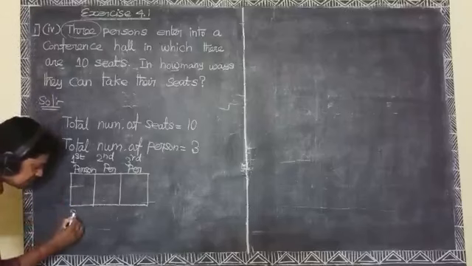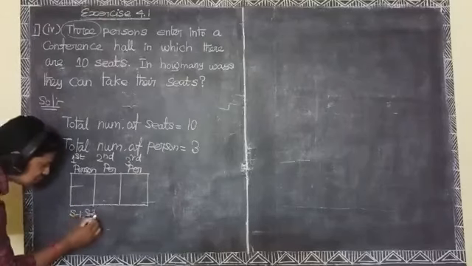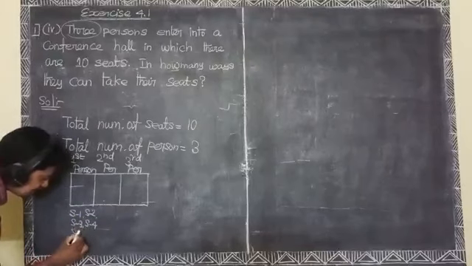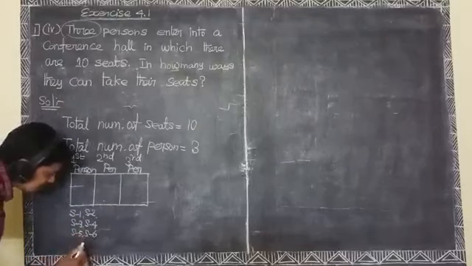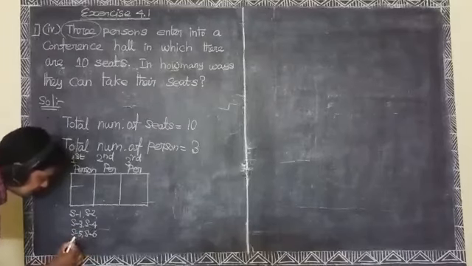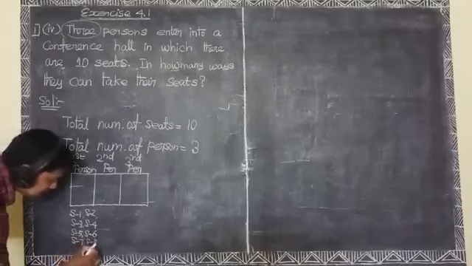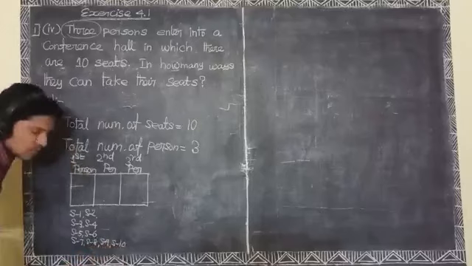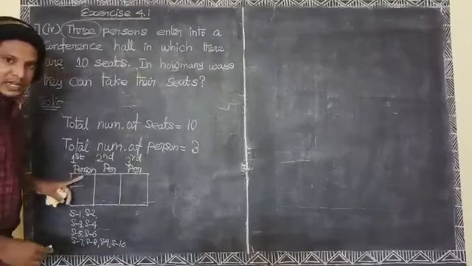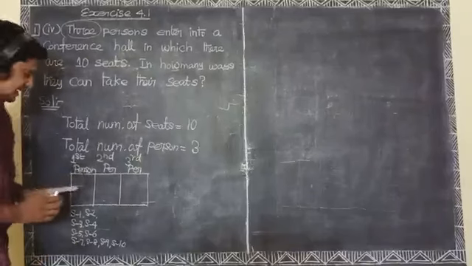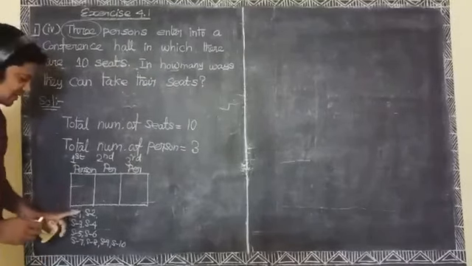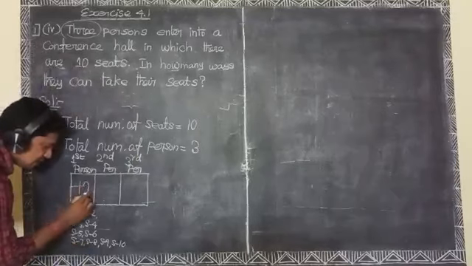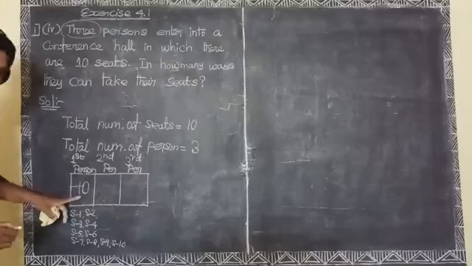This is seat number 1, seat number 2, up to seat number 10. The first person can take any seat from seat 1 to seat 10, so the possible number of ways is 10.